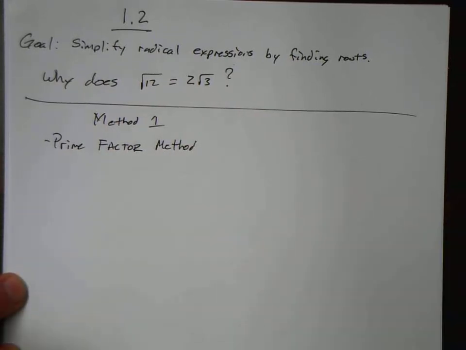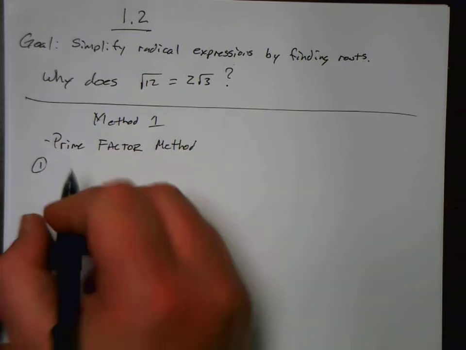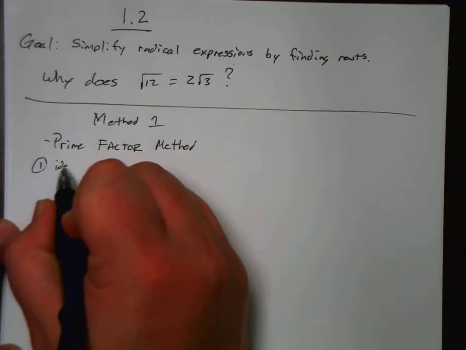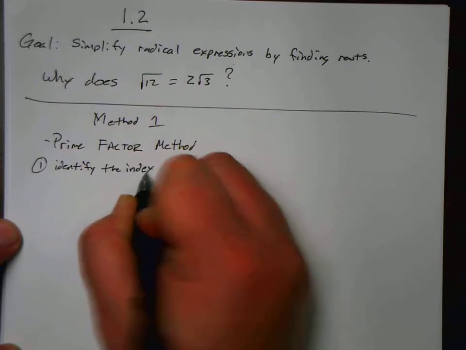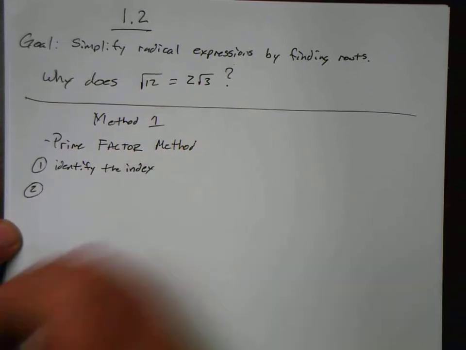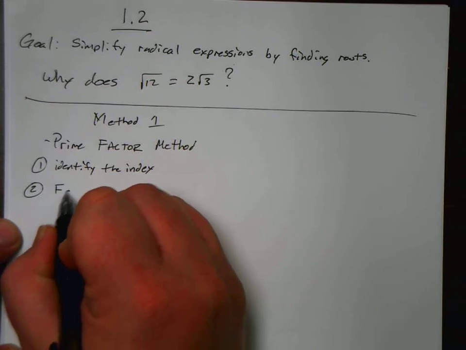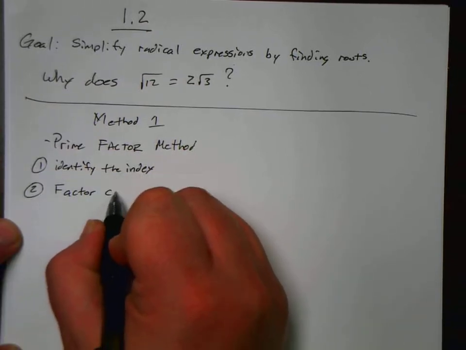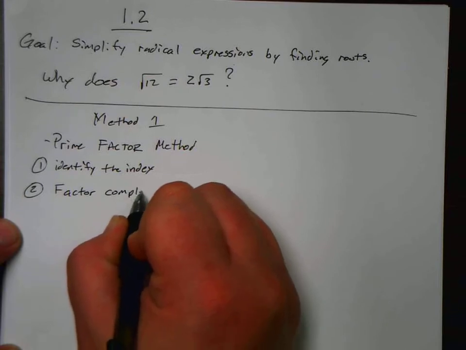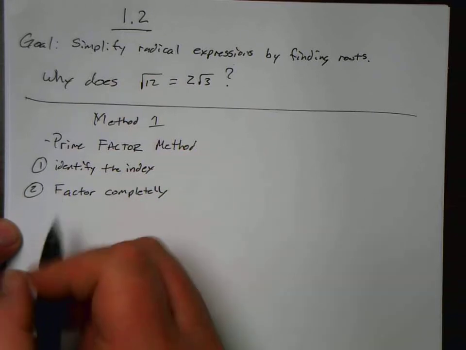The prime factor method is fairly simple. It's straightforward. Step 1, I need to identify the index. Step 2, I'm going to factor the radicand completely.